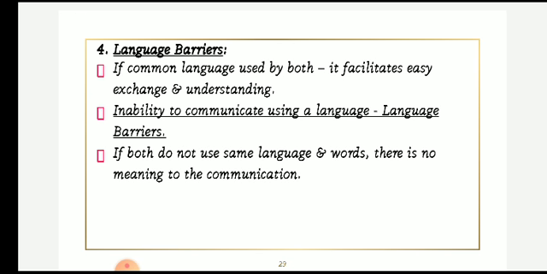It can be two people or a group of people, but if a common language is used, then automatically that common language will facilitate a proper and easy exchange of all the messages.